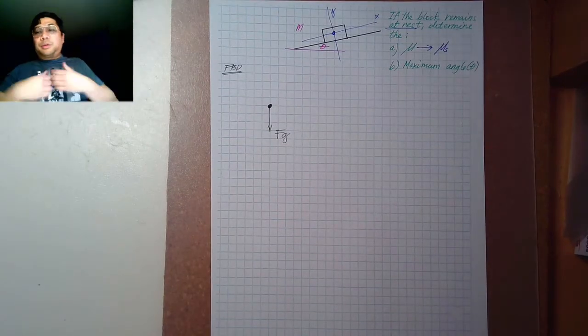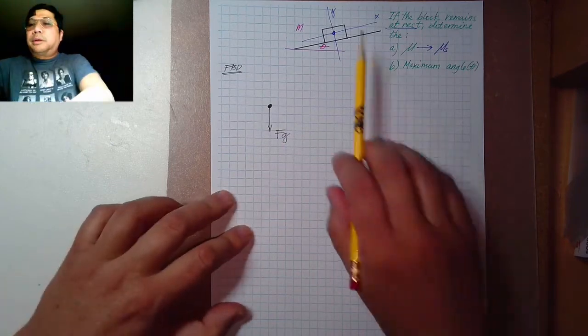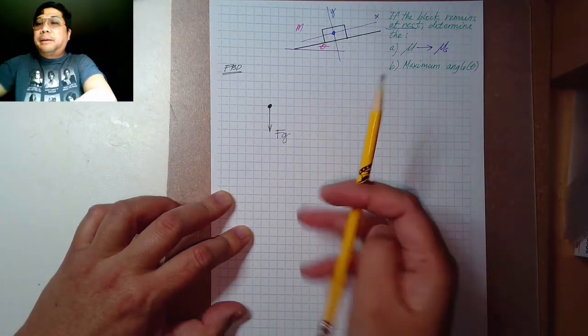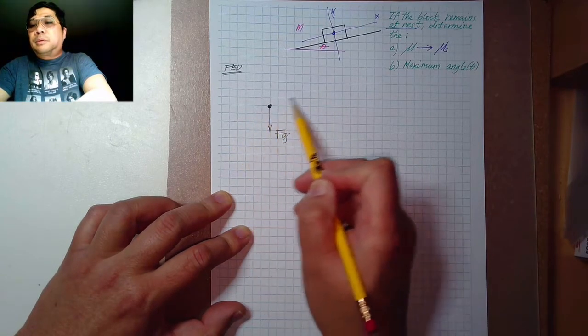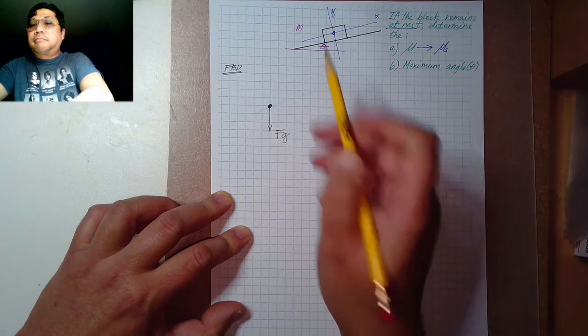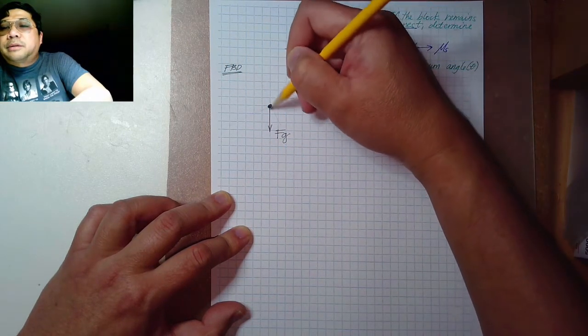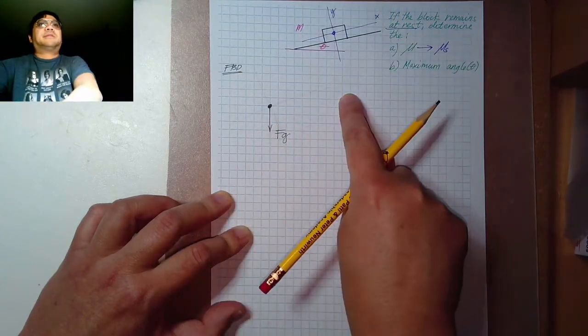And we all know that normal force is always perpendicular. So let's say this is parallel, like this, and I'll be drawing the y-axis. So this is my y-axis and this is my x-axis.